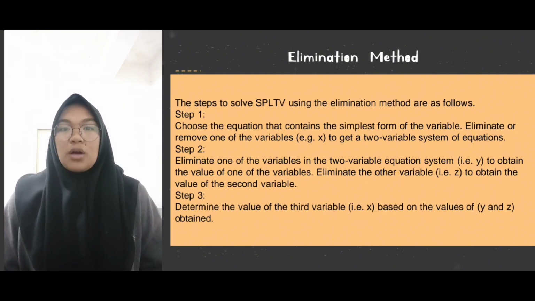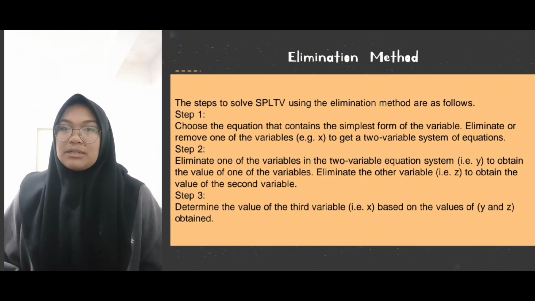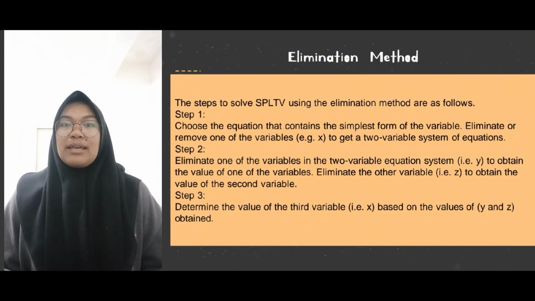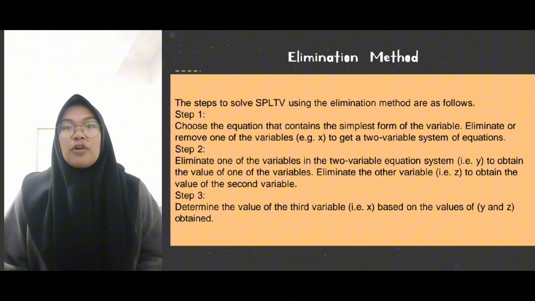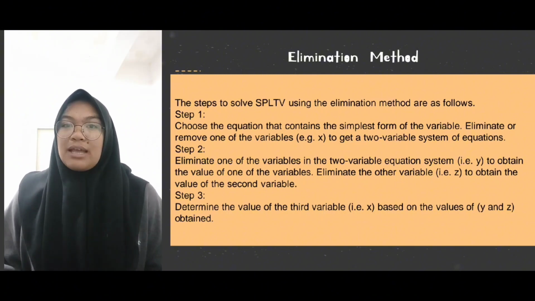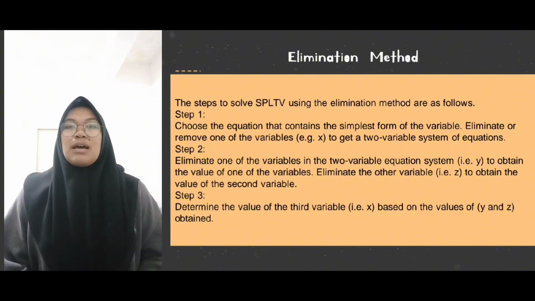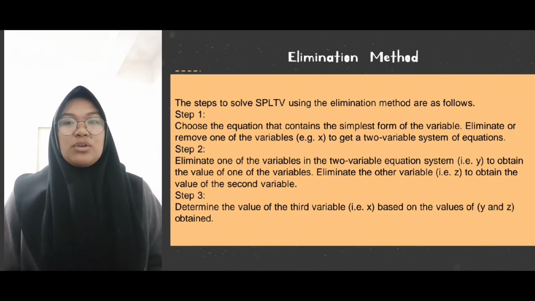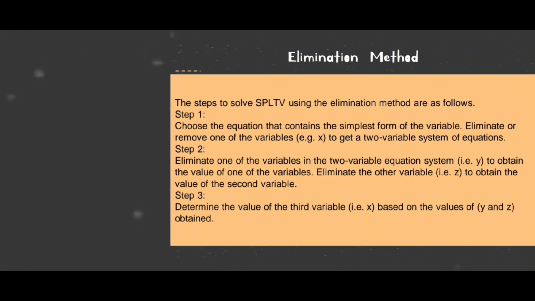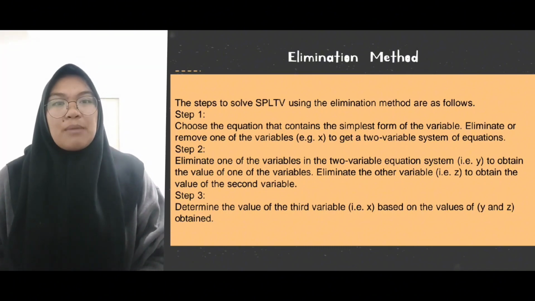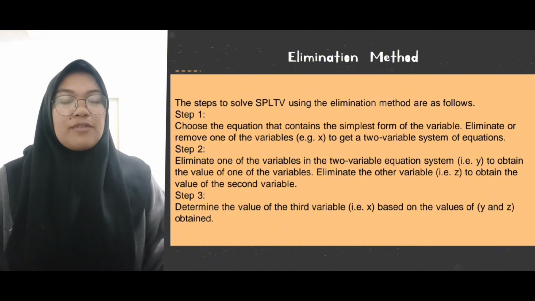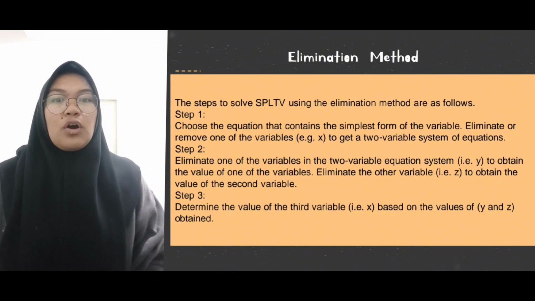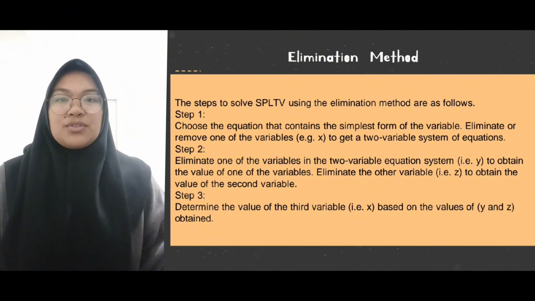Eliminate one of the variables in the two-variable system, for example y, to obtain the value of one of the variables. Eliminate the other variable, for example z, to obtain the value of the second variable. Step 3. Determine the value of the third variable, for example x, based on the values of y and z obtained.